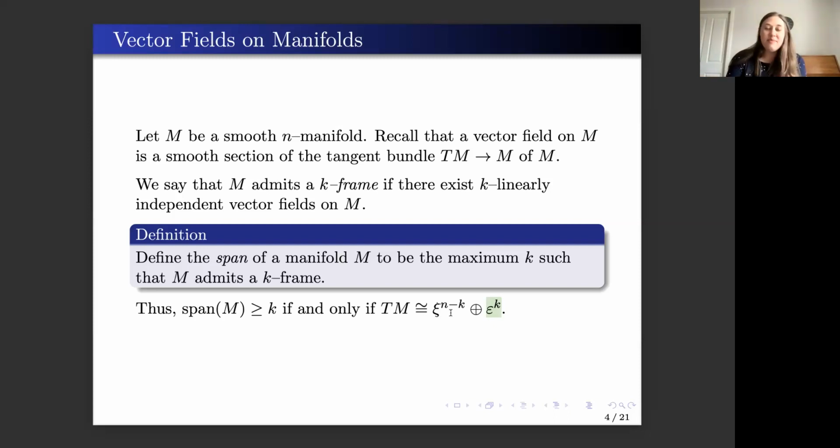So if you have k sections of the tangent bundle, and those sections for each point give rise to a basis of a rank k subspace of the fiber of the tangent bundle, then that will give you a rank k trivial subbundle of the tangent bundle. I hope that might help a little.